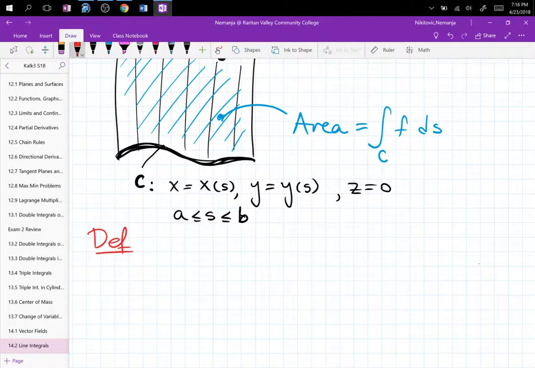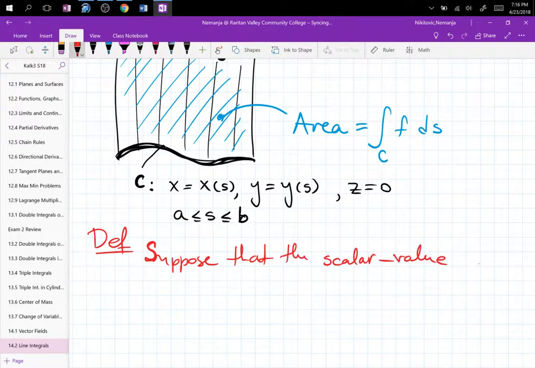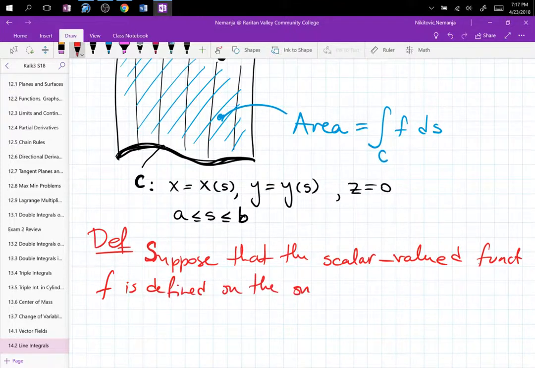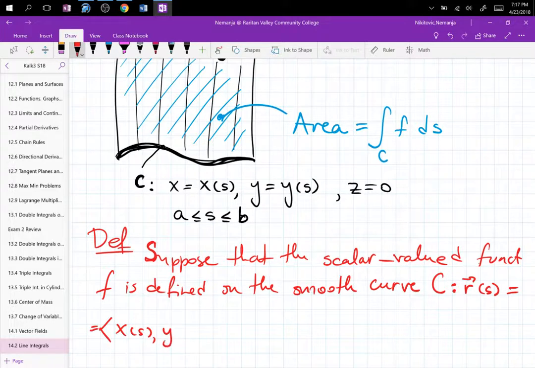I'll write it later. So suppose that the scalar valued function f is defined on the smooth curve C, which is parametrized by your good old vector valued function r, which is given by x of s, y of s.